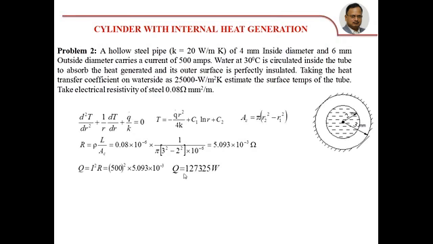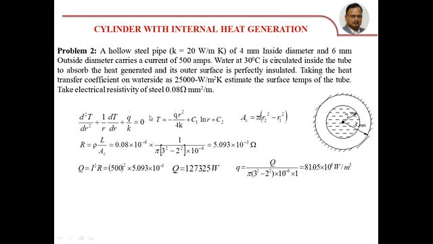Now Q equal to I square R, which leads to this much, and Q dot is Q by the volume of this material, pi (R naught square minus R square) into length of the conductor 1 meter, which will give you 81 megawatts per meter cube.